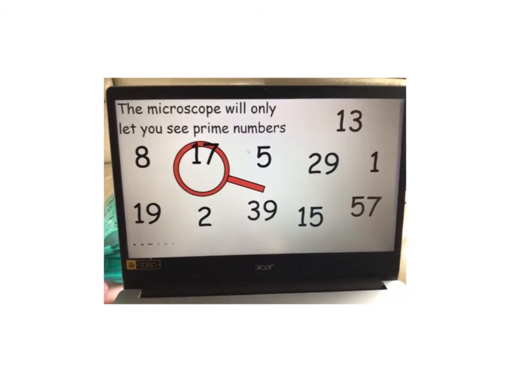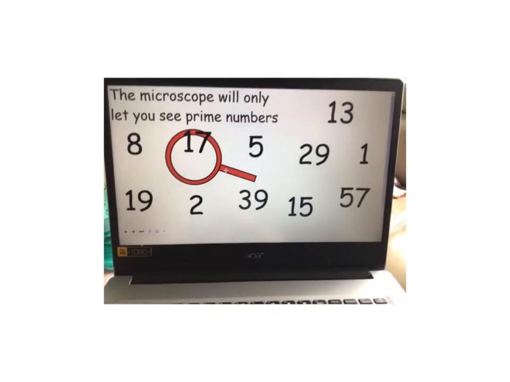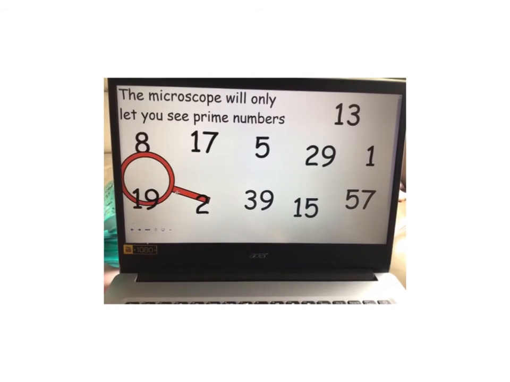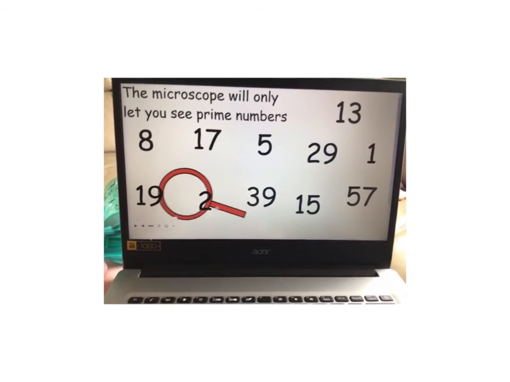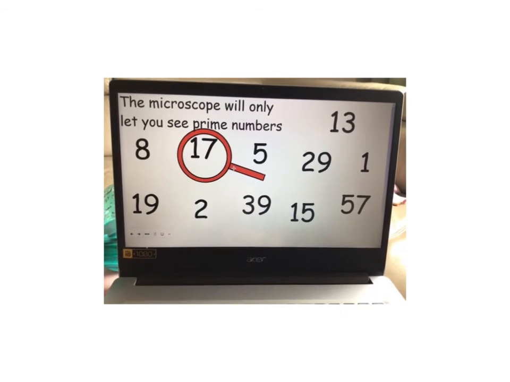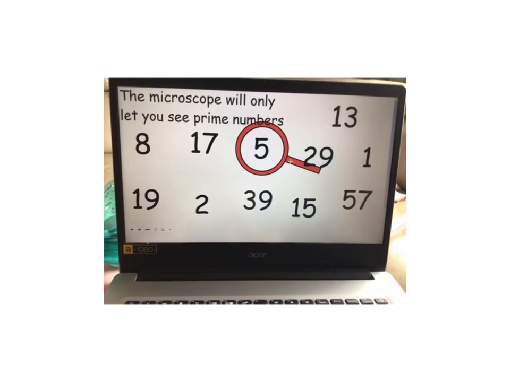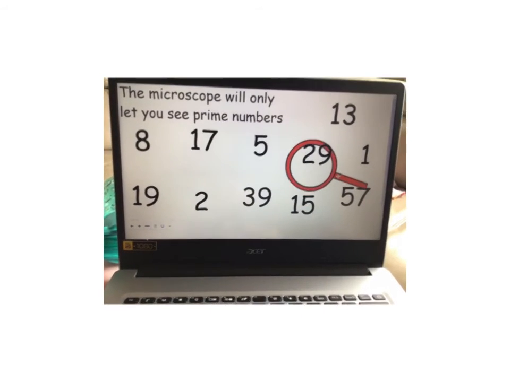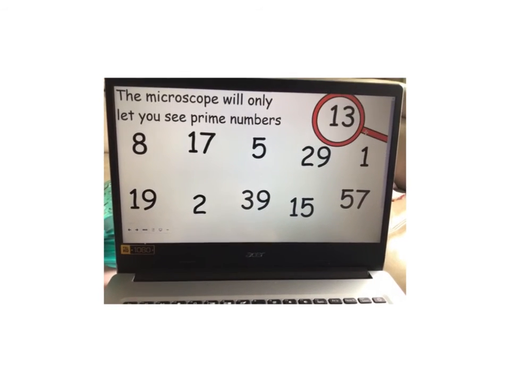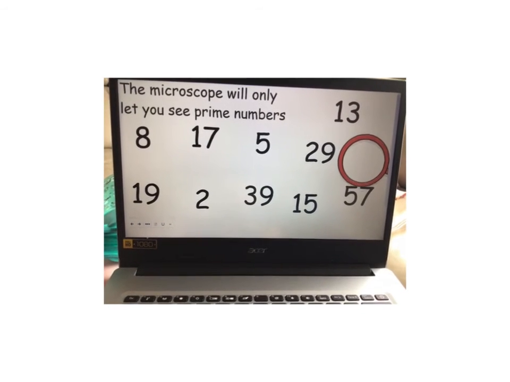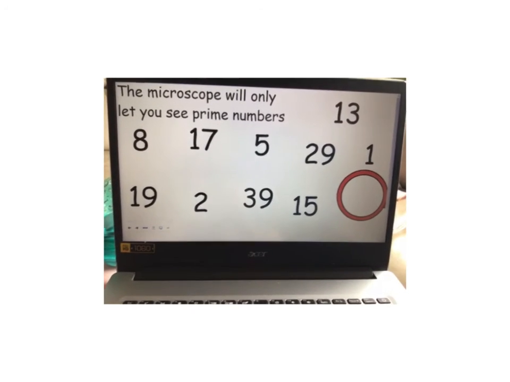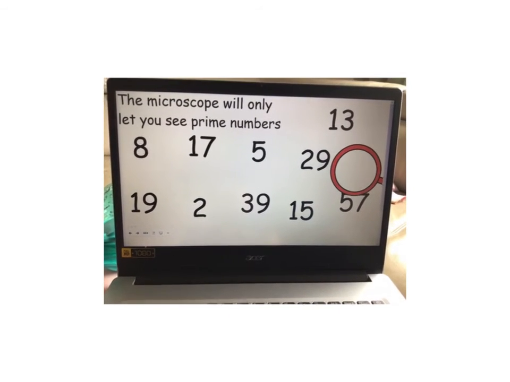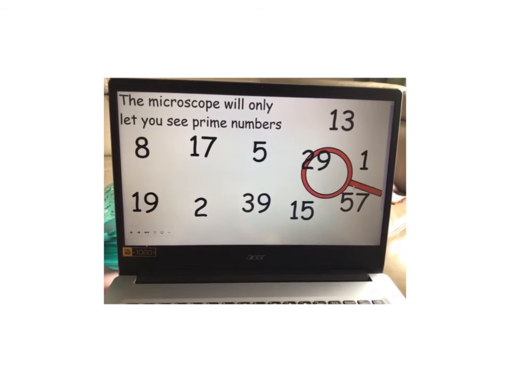So let's have a wee look. 8 not prime, 19 prime, 2 is prime, 17 is prime, 5 is, but 39 isn't, 15 isn't, 29 is, 13 is, and the number 1 isn't, and neither is the number 57. Let's think about what these numbers all have in common. I'm going to circle the ones that it said were prime and the ones that weren't on the next slide.